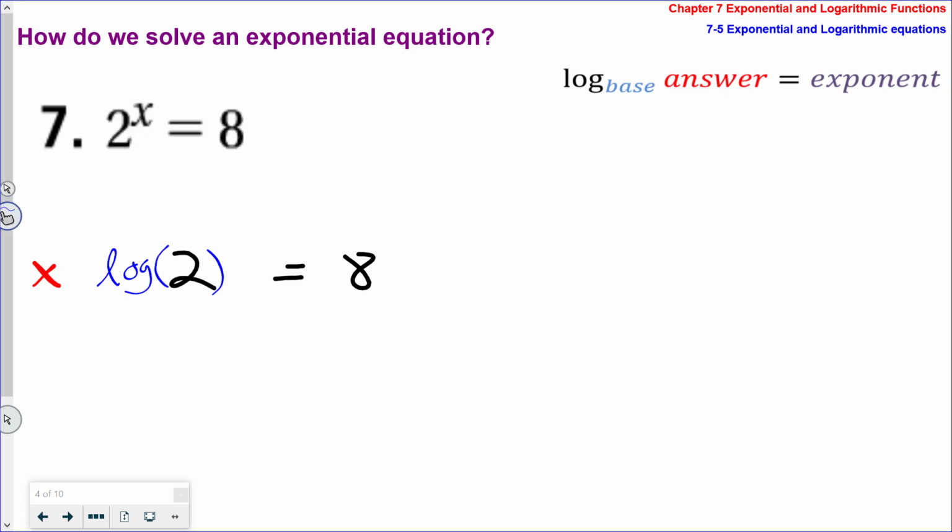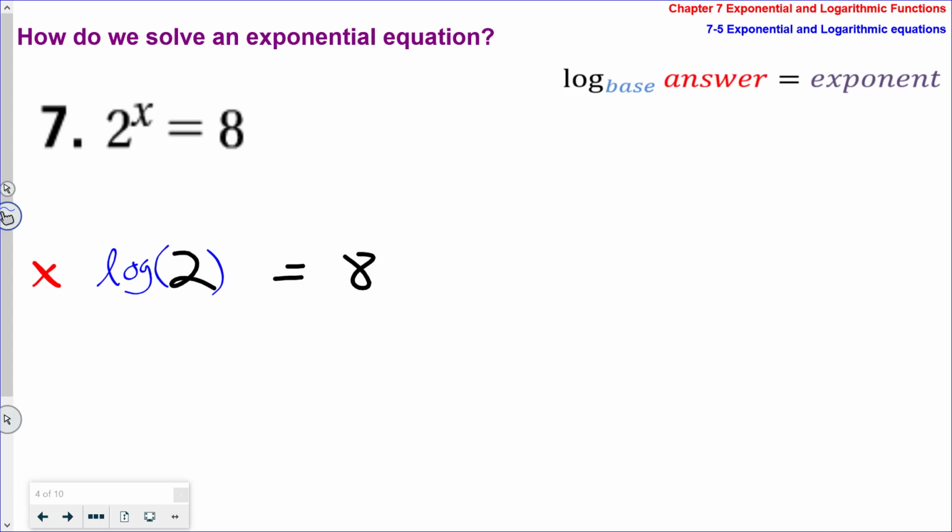Since we wrote the word log on the left side, what do we have to do on the right side? Haley, you have to write the word log on the right side. Whenever you solve equations, whatever you do to one side, you have to do to the other side because it's an equation.